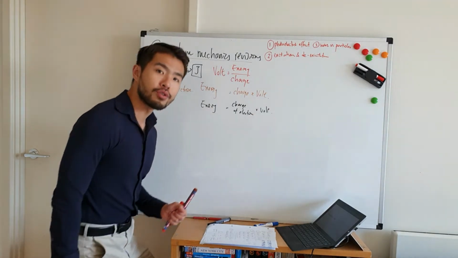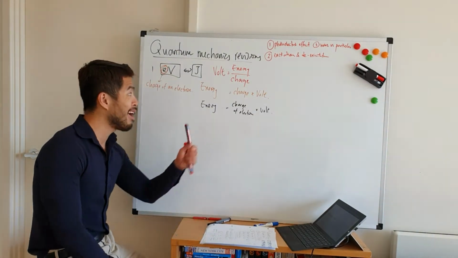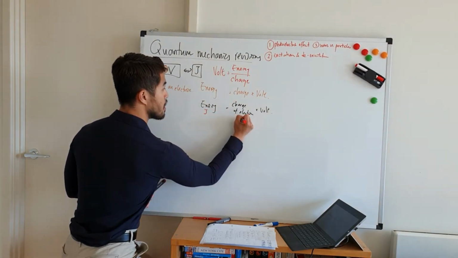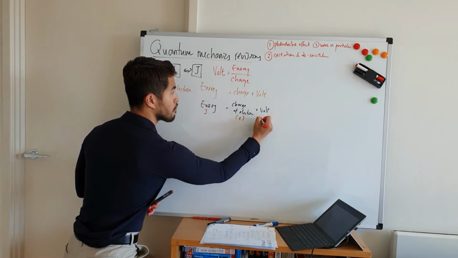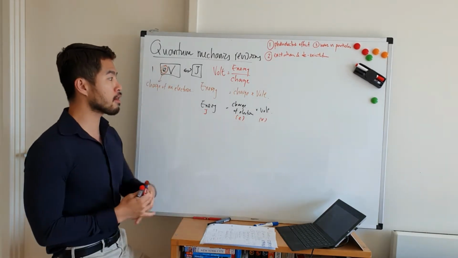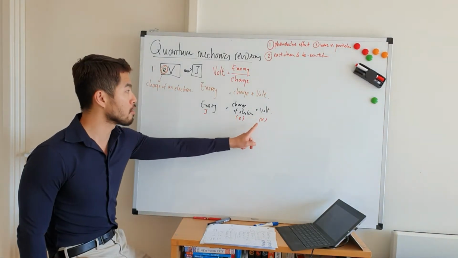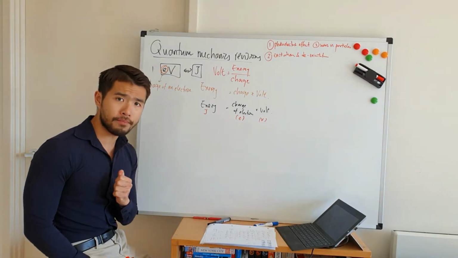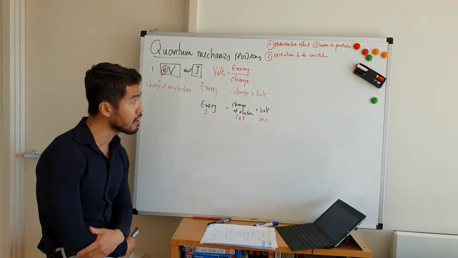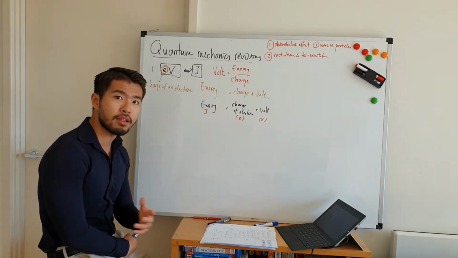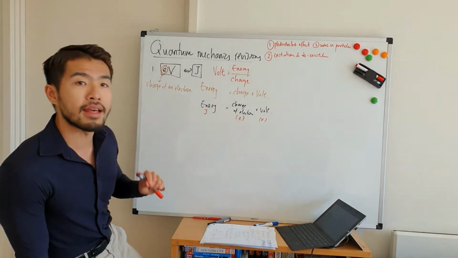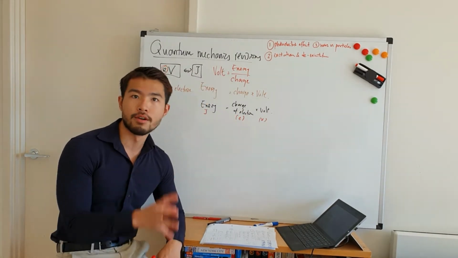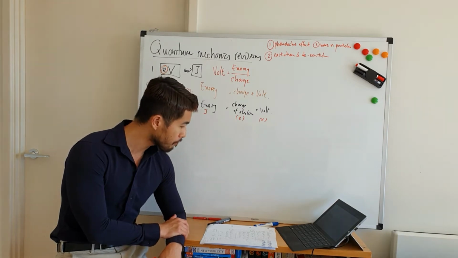This is how you turn it into how many joules that is. So in here, that would be joules. This is e, which is the charge of an electron, times volts. This is a constant. This is not. So this is a proportion of that. So every single time they say, I'm giving you this amount of eV, that is joules. Joules can be changed to eV very much like that.